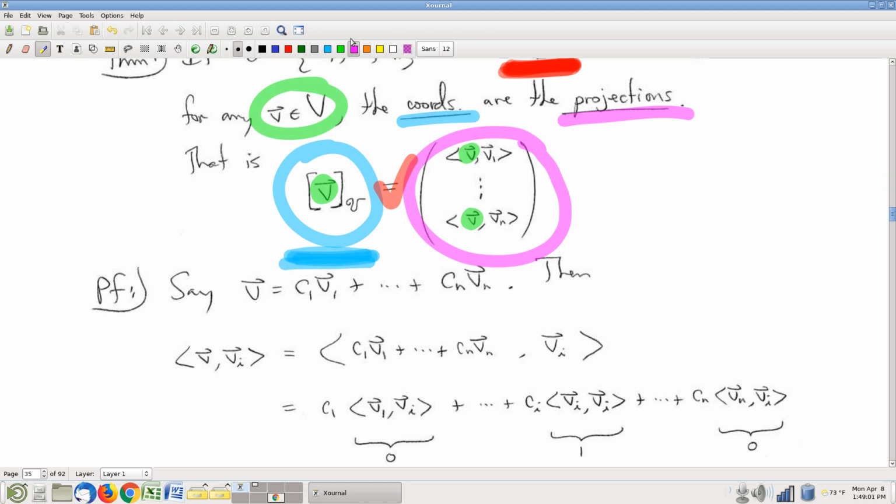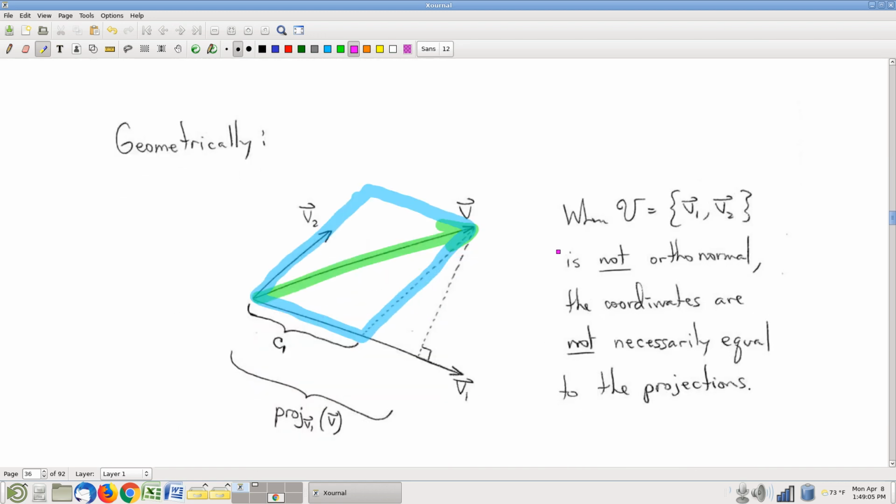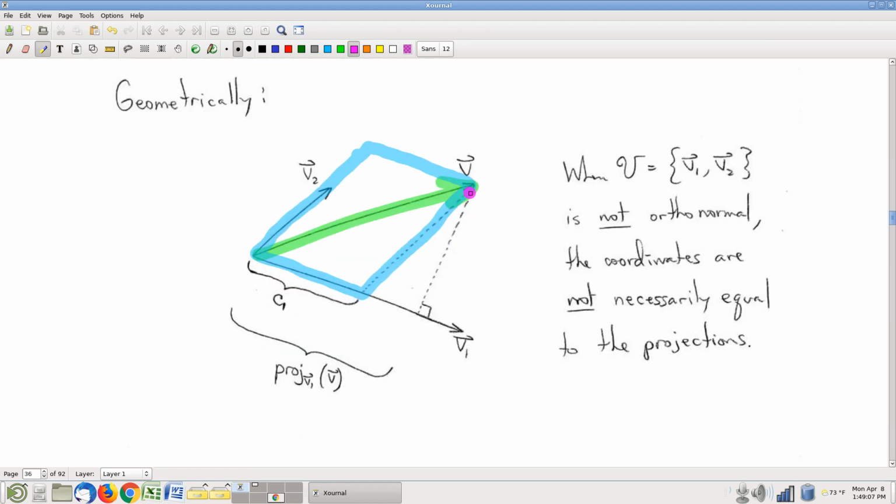Whereas, on the other hand, how do we compute projections? Projections are about dropping perpendiculars. Right? Roughly speaking, that's the picture that computes projections. There's the V1 projection, and then, analogously, here's a picture that you would draw to compute the V2 projection.